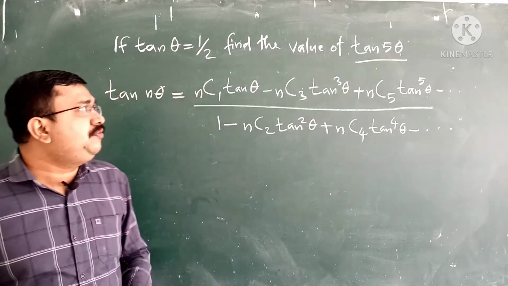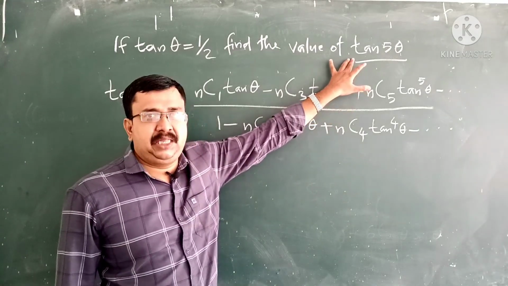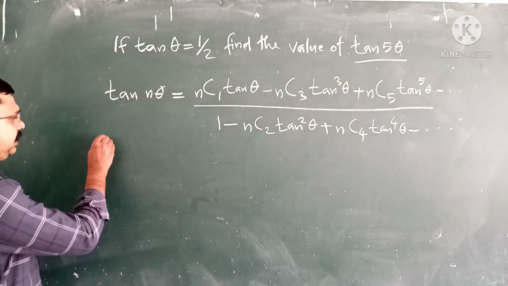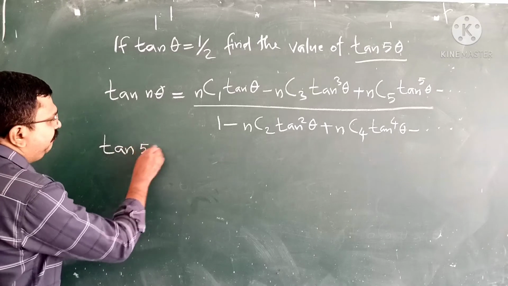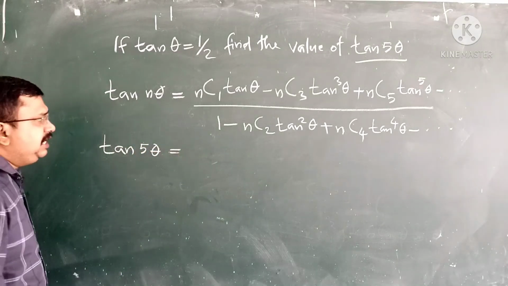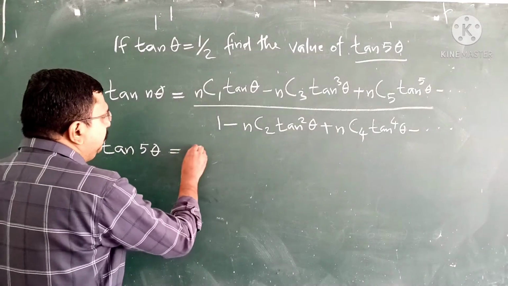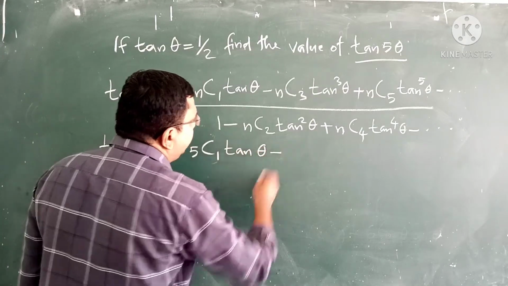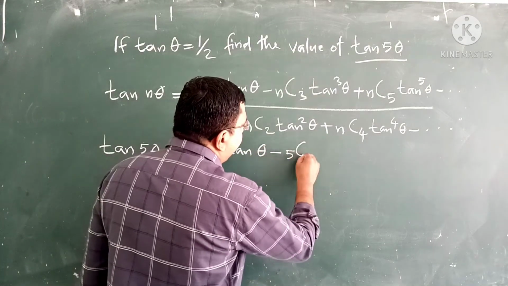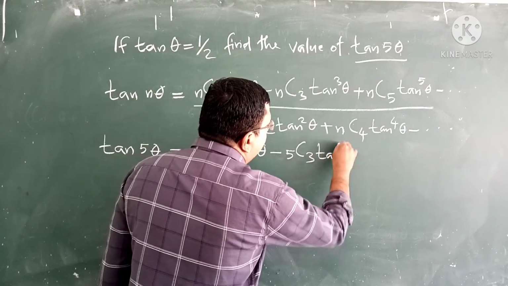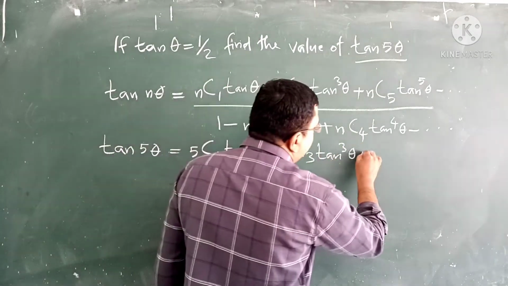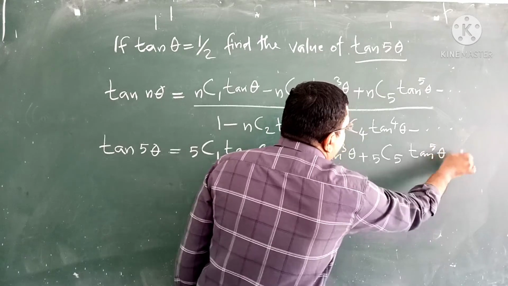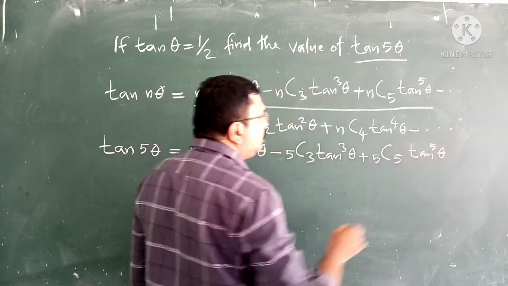Okay. We want to find out the value of tan 5 theta. Therefore, n is replaced by 5. That is tan 5 theta is equal to 5C1 tan theta minus 5C3 tan cube theta plus 5C5 tan raised to 5 theta. Okay, all other terms are not valid.